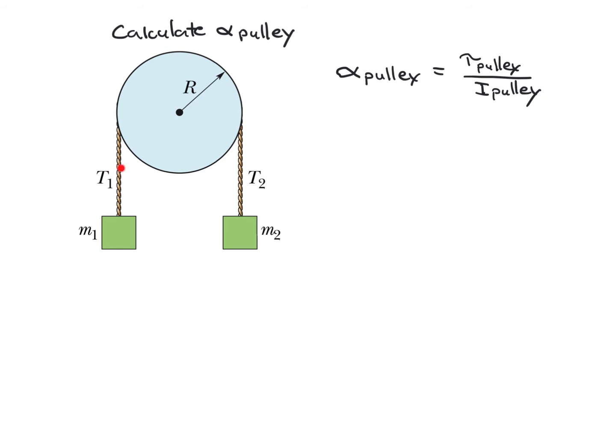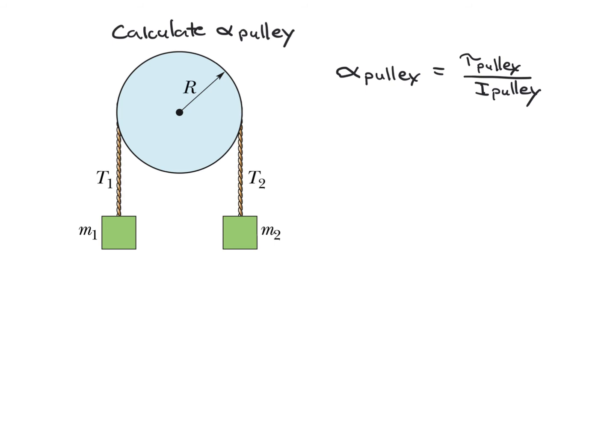This one is going to exert a torque tending to cause the pulley to rotate in the counterclockwise direction. The torque associated with tension number two here tends to cause the pulley to rotate in the clockwise direction. And so we're going to get a net torque, and we're going to divide that net torque by the rotational inertia of the pulley to get the angular acceleration of the pulley.